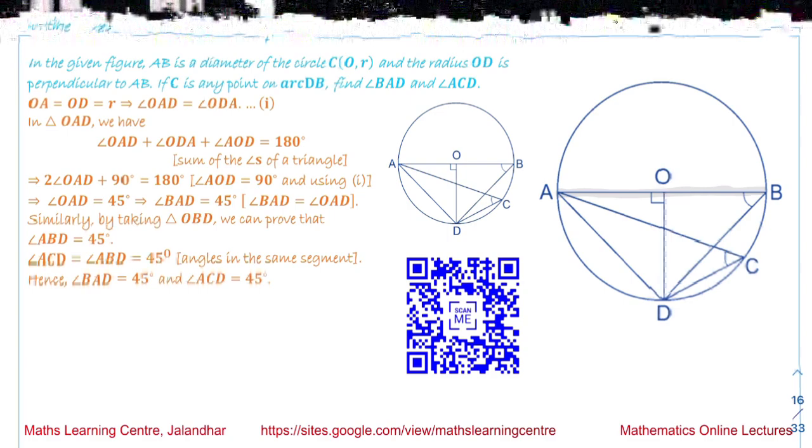This angle is also 90 degrees because BDC is a straight line, the side of the triangle. So if we look at these two triangles, ADB and ADC, these two angles over here are of 90 degrees.